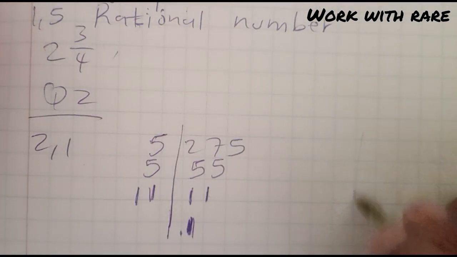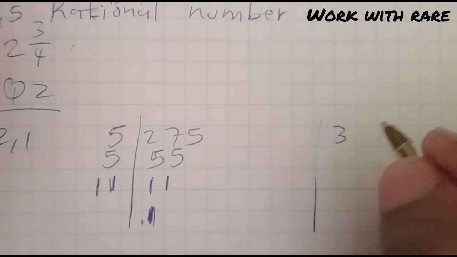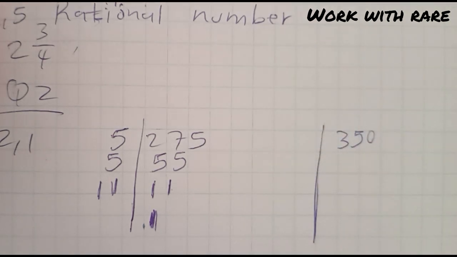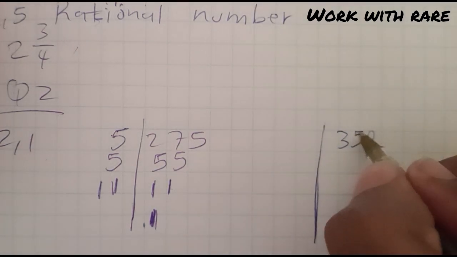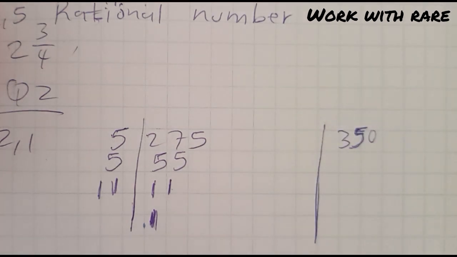So I'll do the same thing here and write 350. You should take everything step by step, because with one mistake, everything will be wrong. That's mathematics. So now we have another number which is 350.